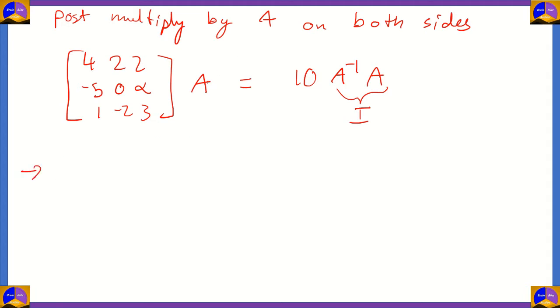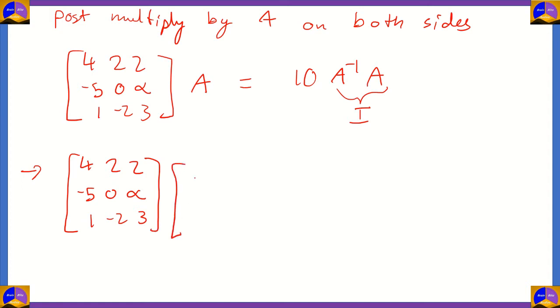and we'll put in the value of the matrix A as well. So the expression now becomes the matrix [4, 2, 2; -5, 0, alpha; 1, -2, 3] multiplied by the matrix A, which is [1, -1, 1; 2, 1, -3; 1, 1, 1].